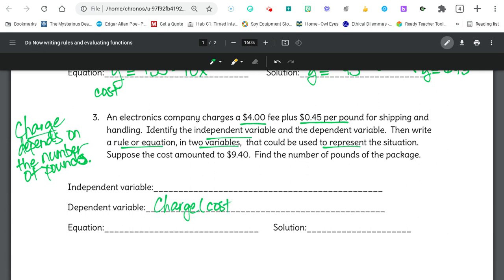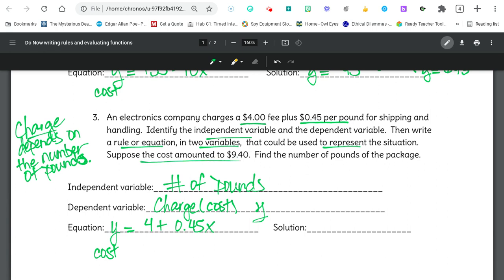Charge, cost, money, I don't care, something like that. The independent variable is the number of pounds. And the cost, or what they charge you, is going to be $4 plus 45 cents for every X or every pound.